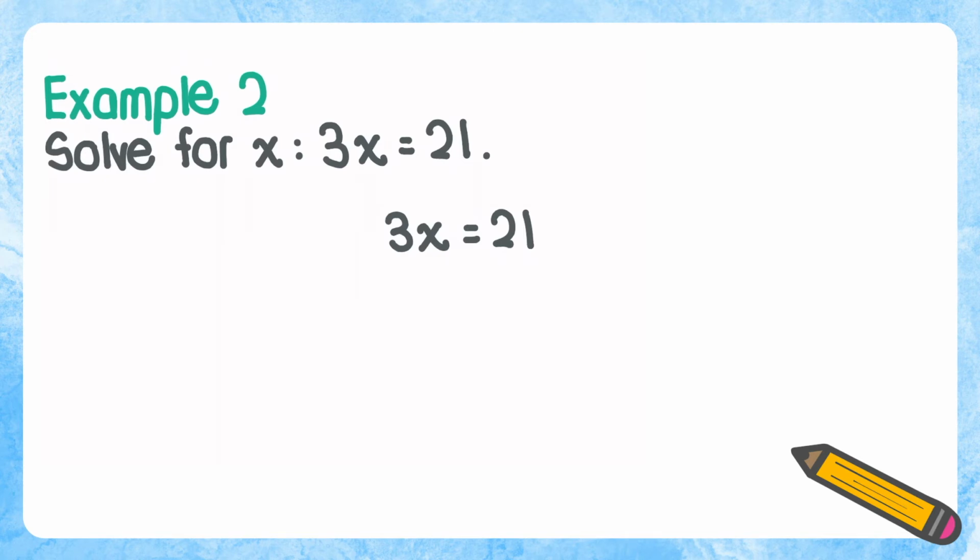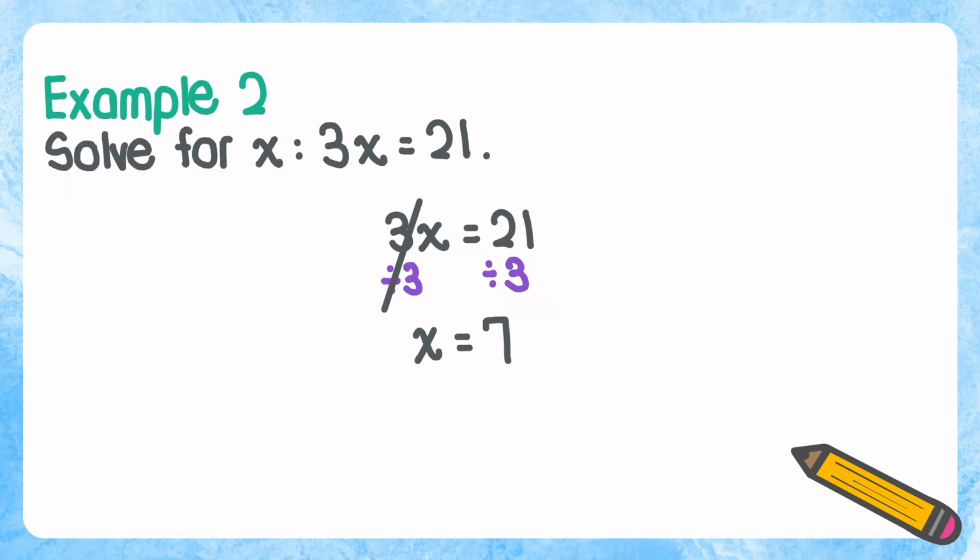I'm going to do inverse operations on both sides. So I am going to divide by 3 on both sides. So the 3's cancel out, so I'm left with an x on the left side, and on the right side, 21 divided by 3 equals 7.